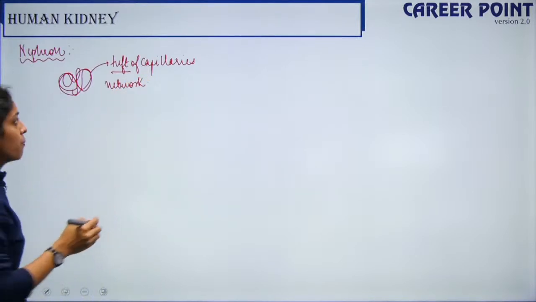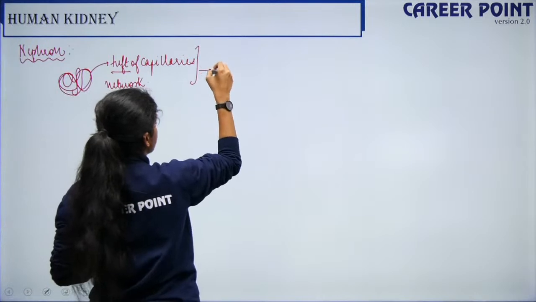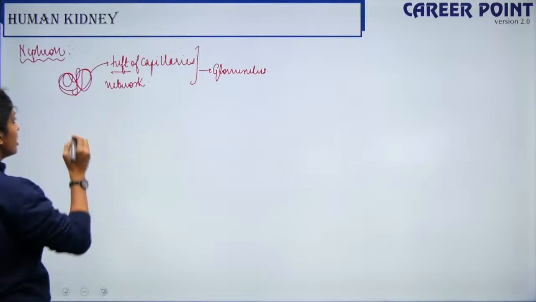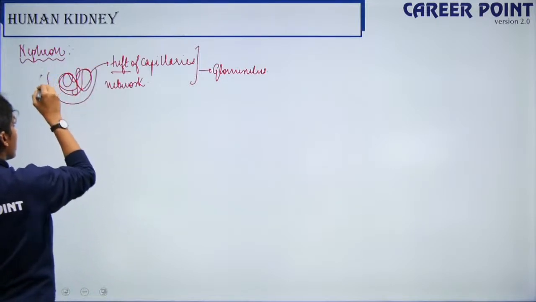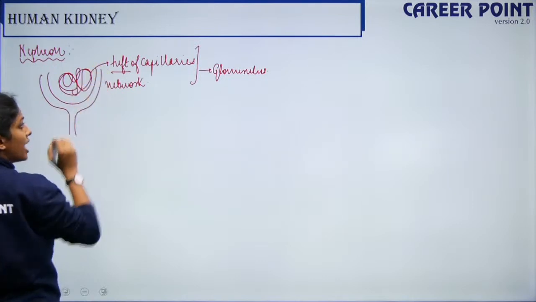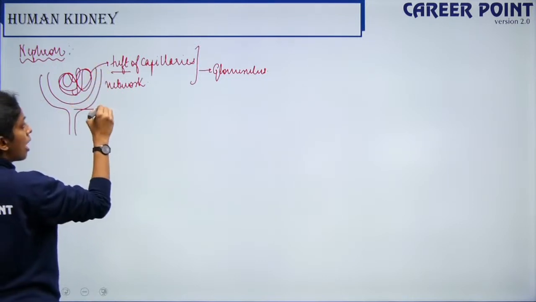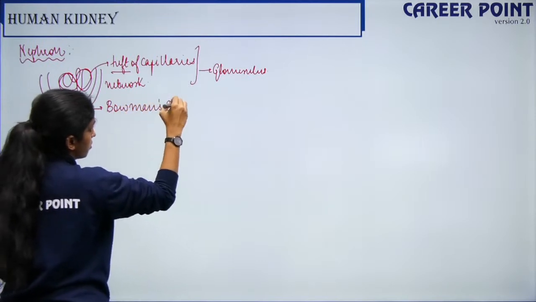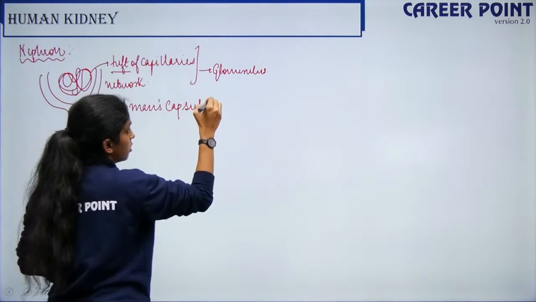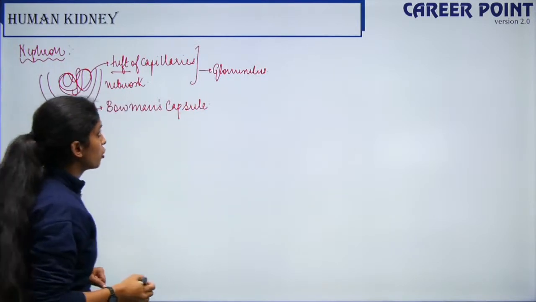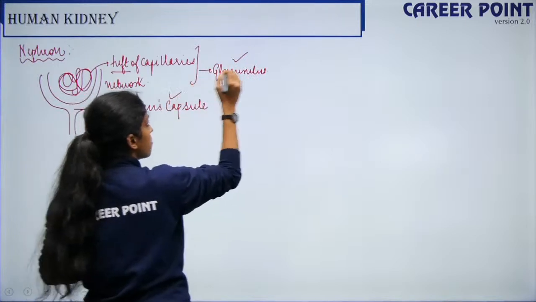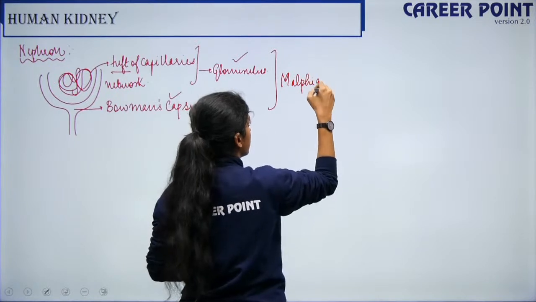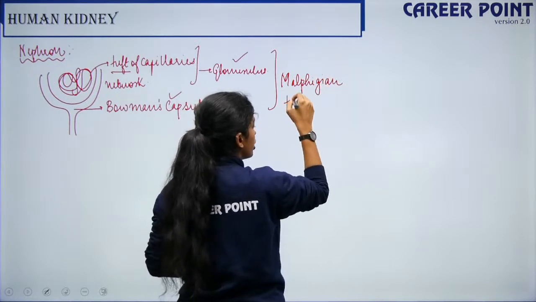This tuft of capillaries is called the glomerulus. The glomerulus is enclosed in a cup-shaped structure called Bowman's capsule. The glomerulus plus Bowman's capsule together is known as the Malpighian corpuscle.